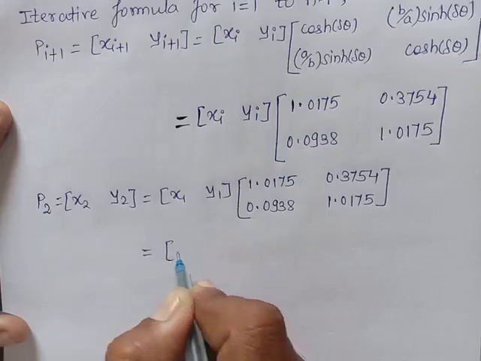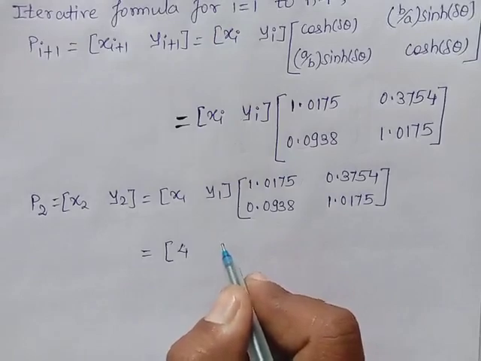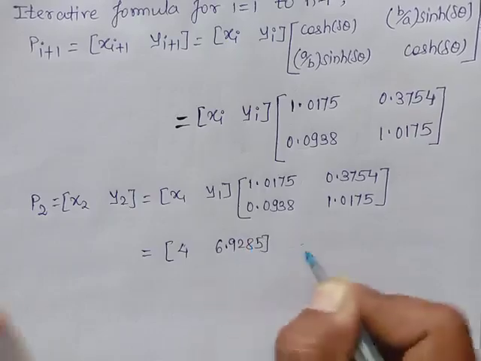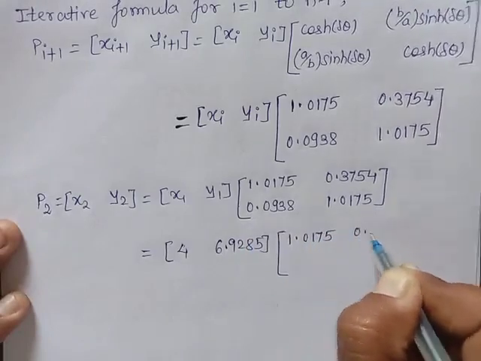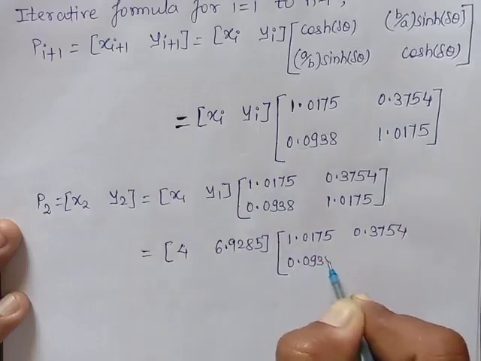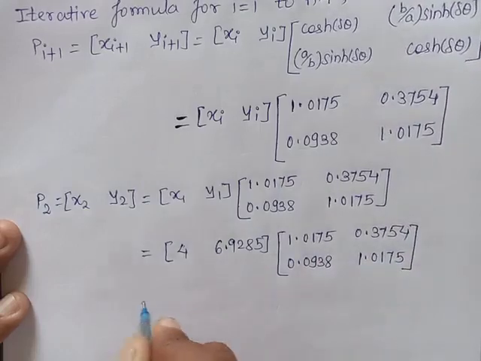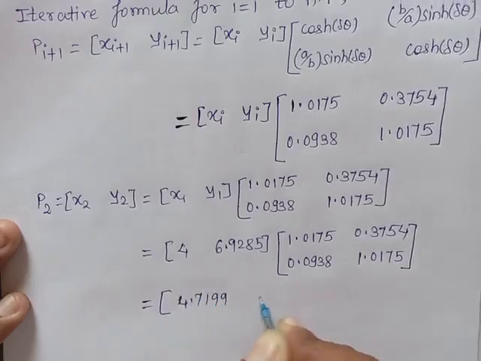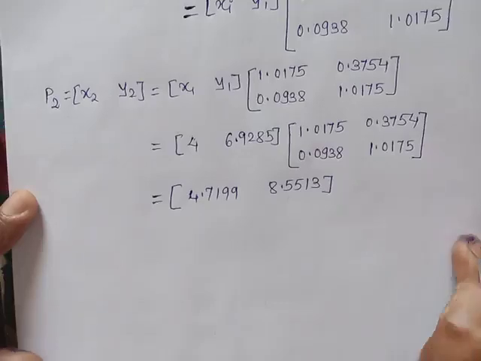So we get 4 and 6.9285 into this one: 1.0175, 0.3754, 0.0938 and 1.0175. So simplifying we get 4.7199, 8.5513. P2.